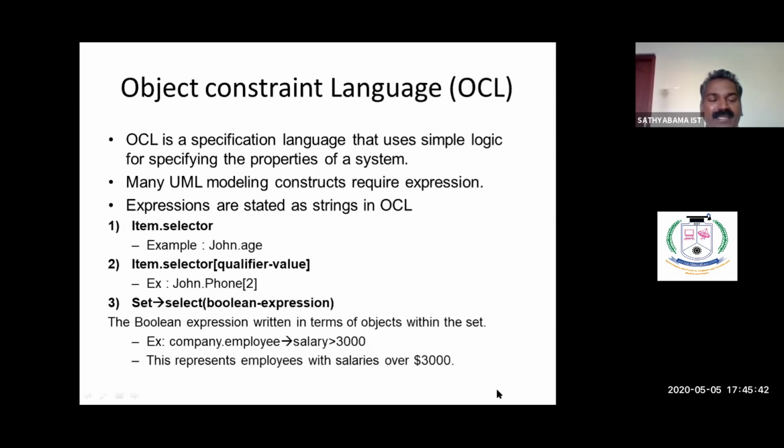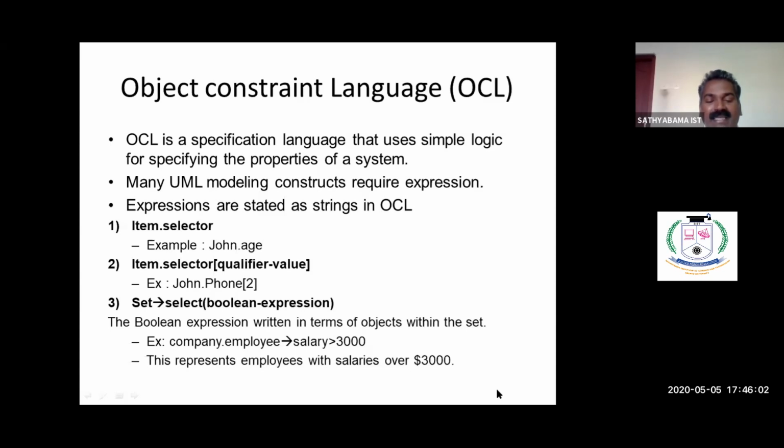So the item selector is one of the constraints. The item selector and qualifier value is the second constraint. For the third constraint, we have to provide the expression. The expression is based upon a Boolean expression. In this example, company.employee is the item selected.